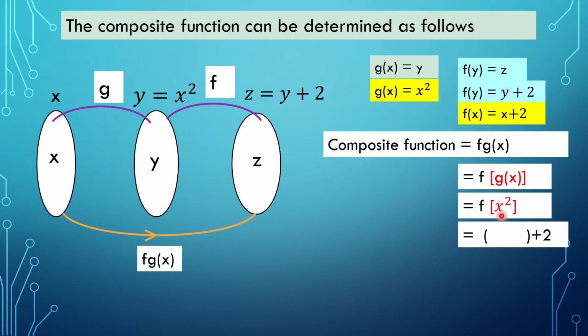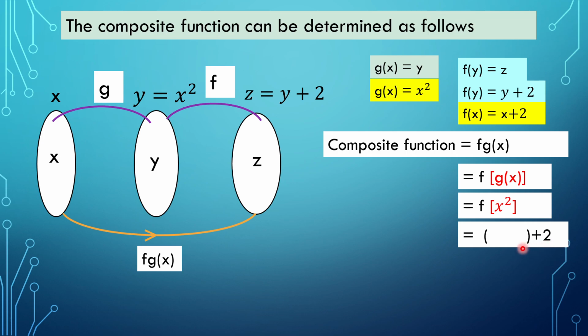Okay, now what is function f? Function f is x plus 2. Now in order to do the substitution, prepare an empty bracket. It will be much easier if you prepare the empty bracket plus 2. Change x plus 2 as empty bracket plus 2.